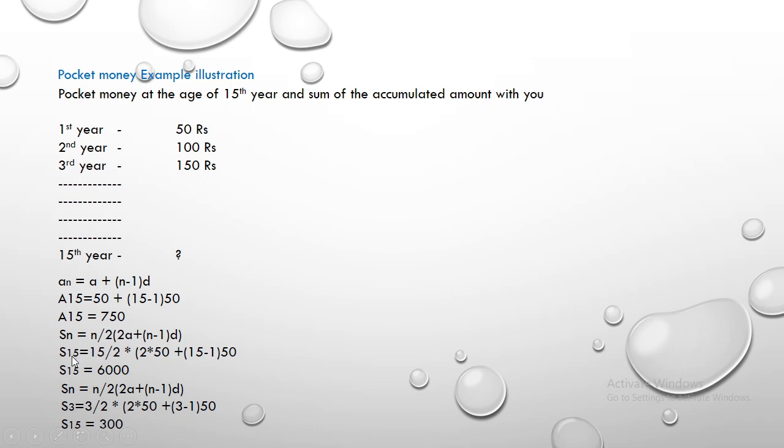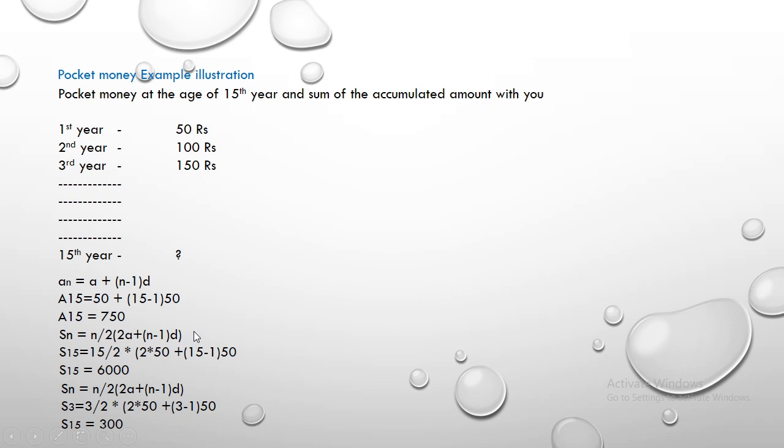Sn is the sum of the pocket money up to the 15th year, that is S15 is equal to n, that is 15 divided by 2 multiplied by 2 into a, the first term, that is 50 rupees she got in the first year, plus n minus 1, that is 15 minus 1, into d.